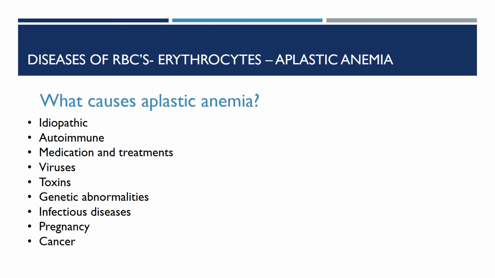So if you're born with a genetic disorder affecting the myeloid cells, we're going to see really alterations to erythrocytes, to leukocytes, and to platelets. Infectious disease, pregnancy, cancer. Now, if it occurs during pregnancy, it generally goes away after the pregnancy is over.